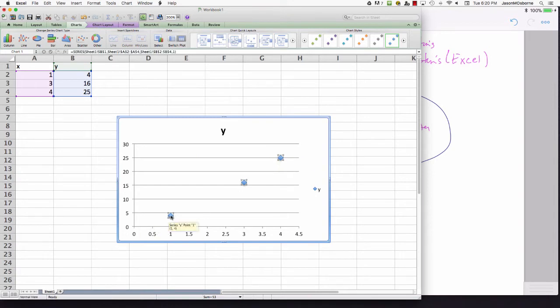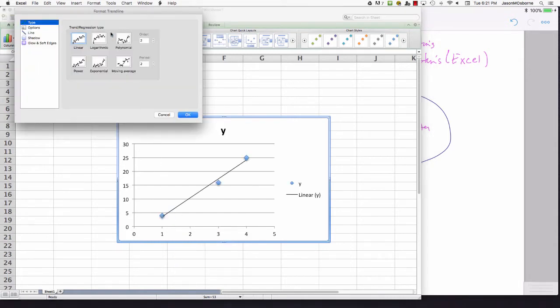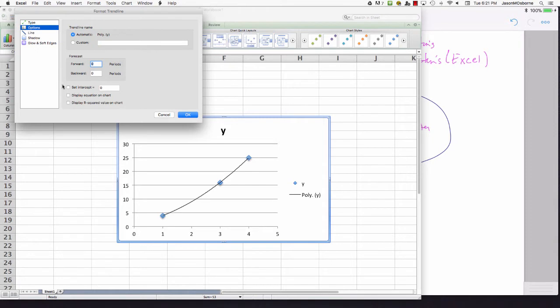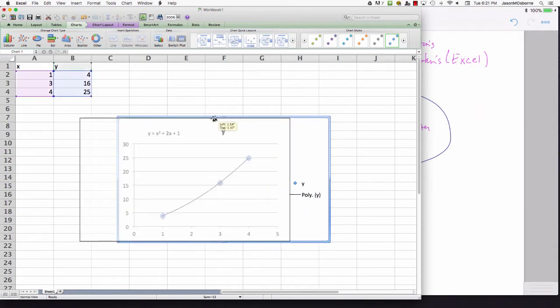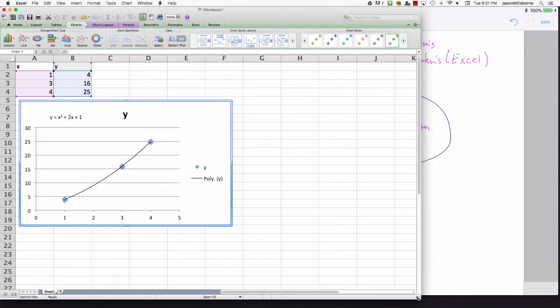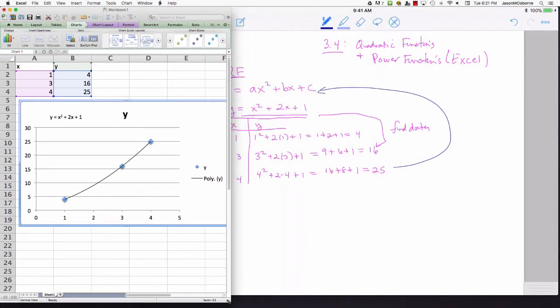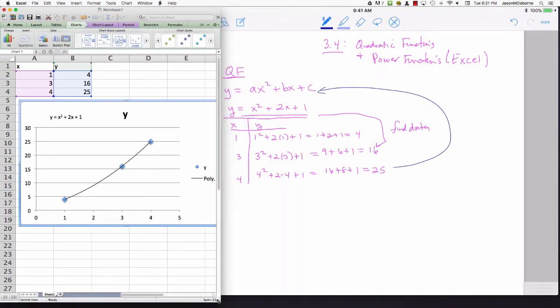You could right-click them, add a trend line, and instead of a linear trend line, you would add a polynomial of second degree, which is a quadratic function. A polynomial of order 2 is a quadratic function, and then you could display the equation on the chart. Okay? And there you go, that was the formula. X squared plus 2x plus 1, that's the formula that we started with. So it's good that Excel can find that formula that we knew.